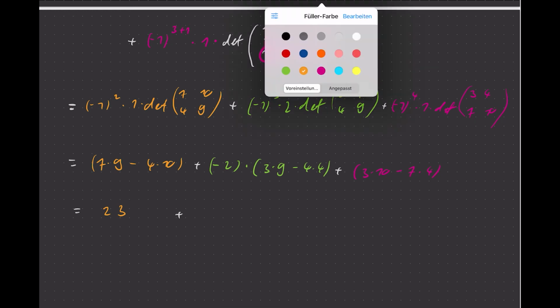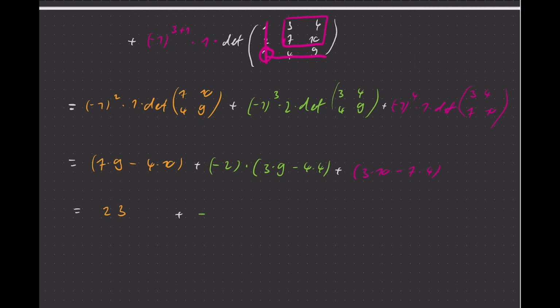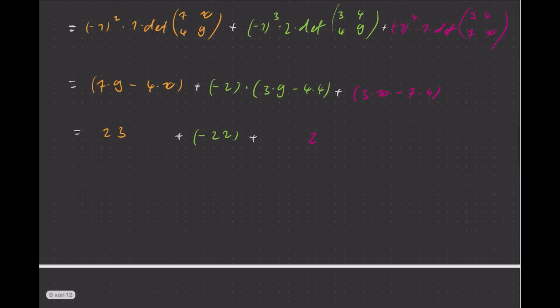So that is minus 22. And the last entry here, that is 3 times 10 is 30, minus 28, that's just 2. So the final result, 23 minus 22 is 1, plus 2 is 3. So that determinant is 3.